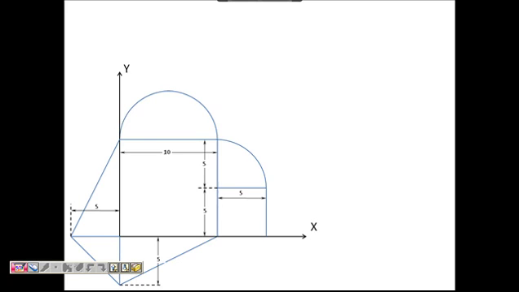And then through this planar figure, let's say I drill a hole of radius 2, and I pose a problem that I want to find the centroid of this combined figure.